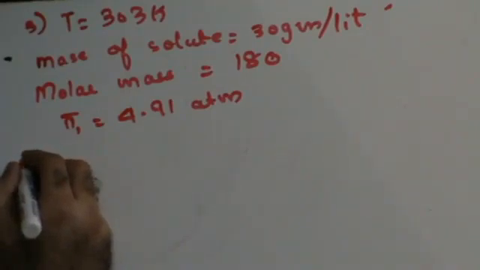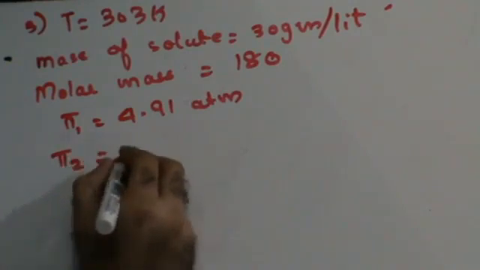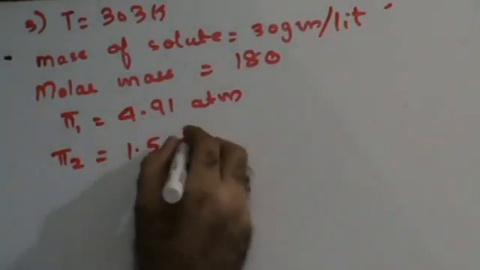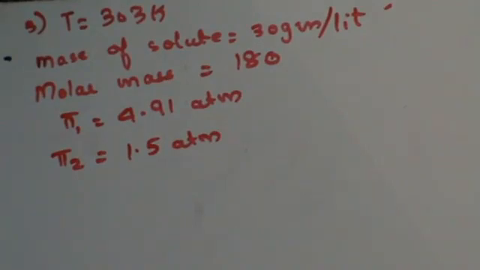Find the concentration of the solution if the osmotic pressure is changed to 1.5 atmosphere.